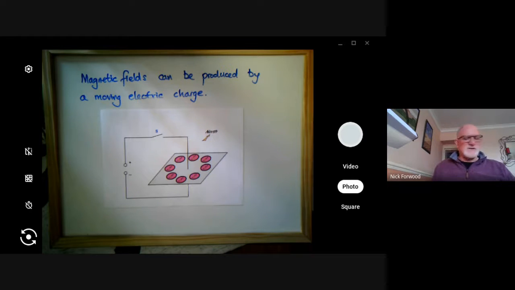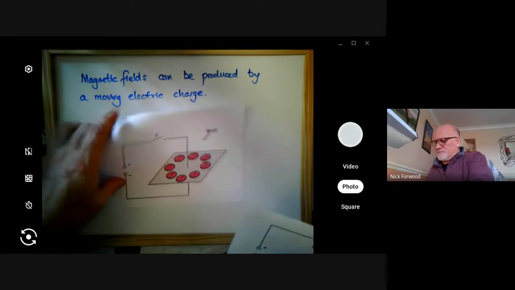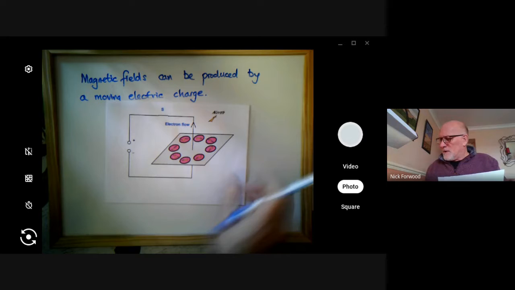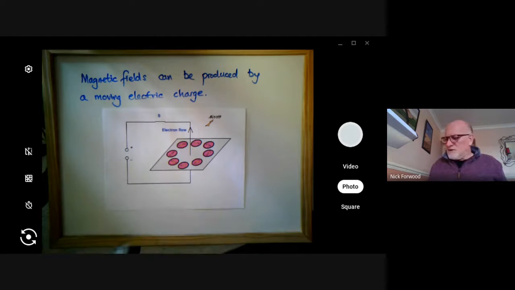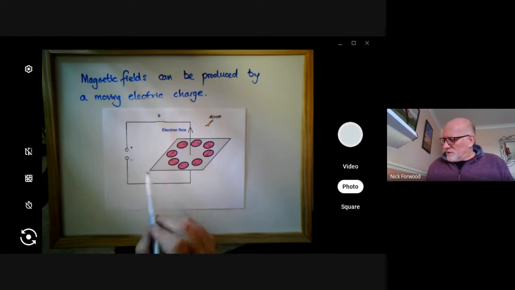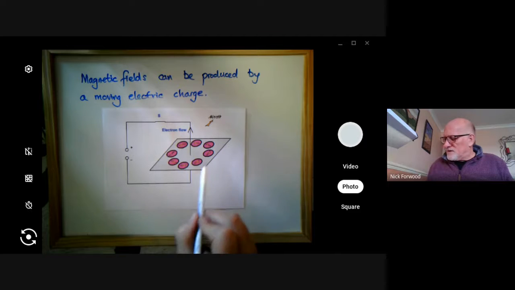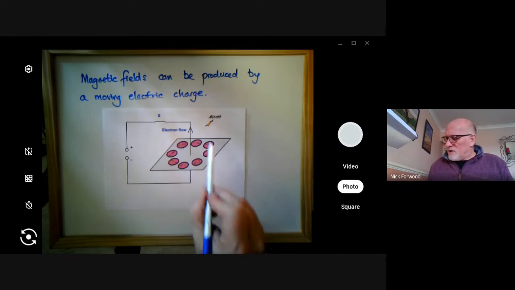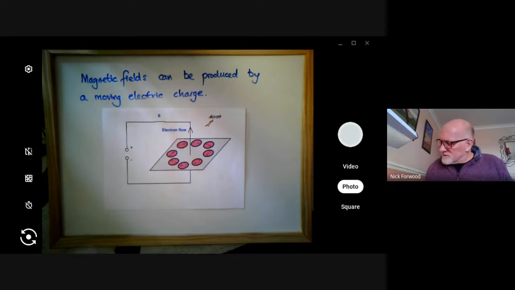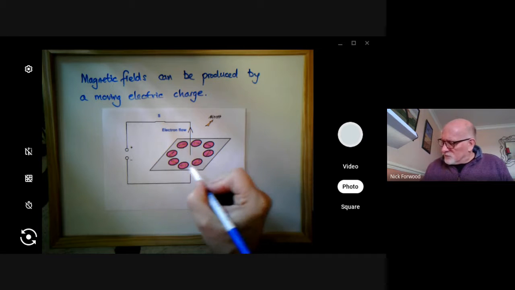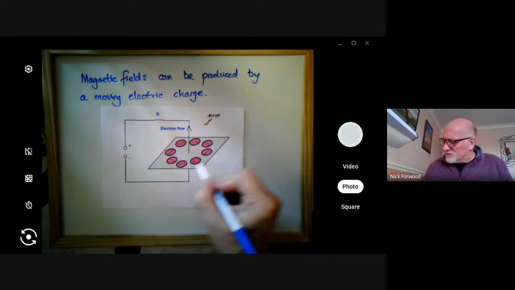Now, as soon as you close the switch, all the little compass needles will line up with the magnetic field around the wire. And you'll see that if I was to join all these up, you'd just get a circle.